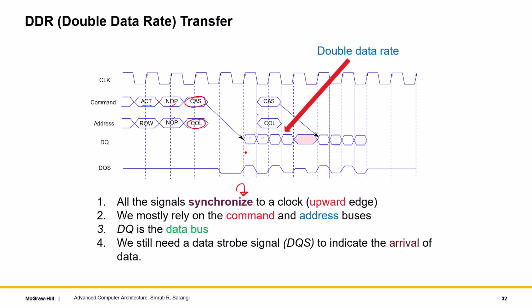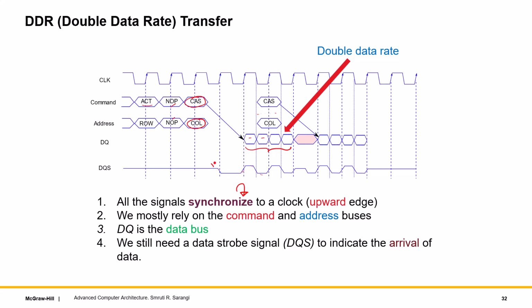In this case, the prefetch length is 4, because given a column and a column address strobe, this is the command basically. We are reading 4 bits, and then it is synchronized with this. For the DQS, the data strobe, we have 3 states.